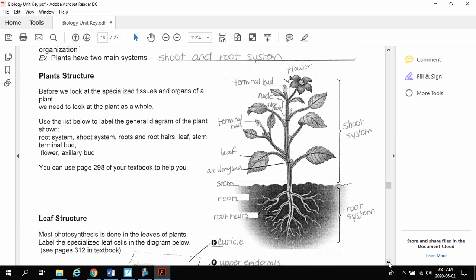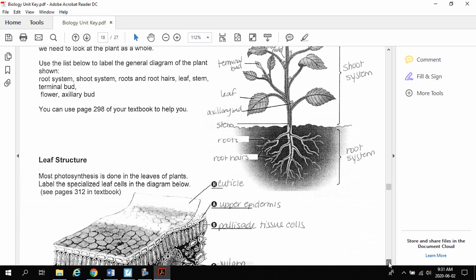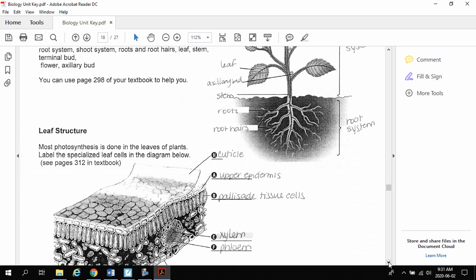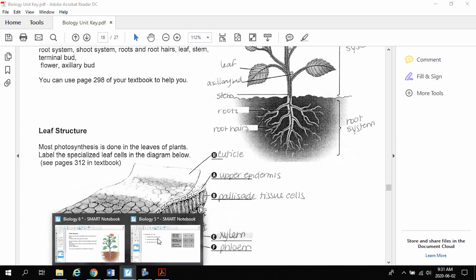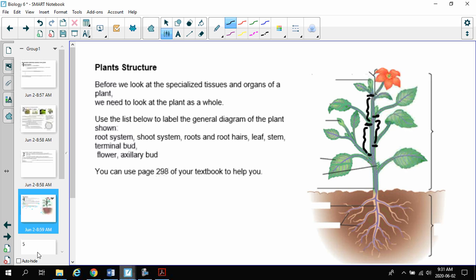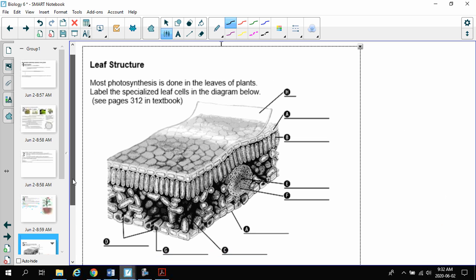So now onto leaf structure. So this is a diagram that's important. So this is saying if I took this leaf and I cut it, it's called a cross section. So you cut it down and we looked at what a leaf actually looks like under a microscope. It's easier if I have this in front of me.